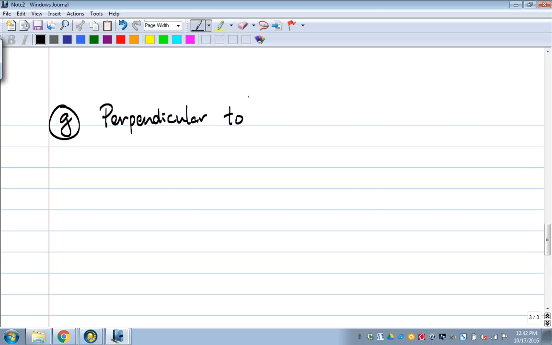Perpendicular to y equals negative 5x plus 8 through (2, -4).